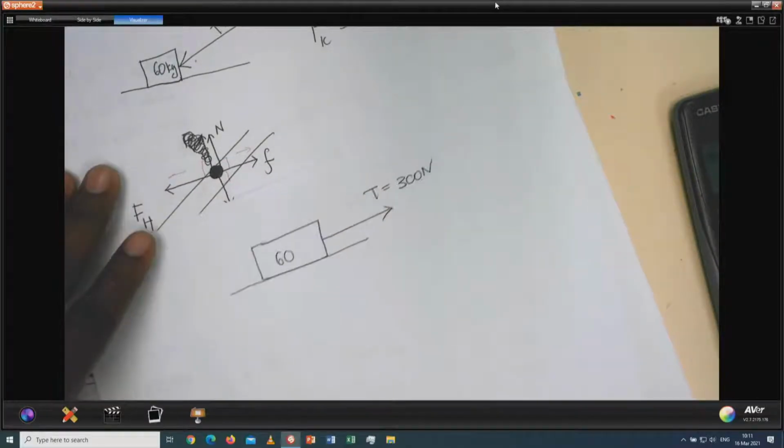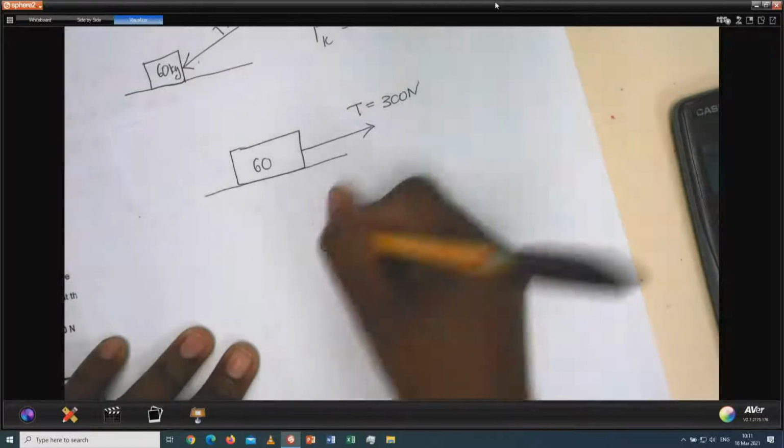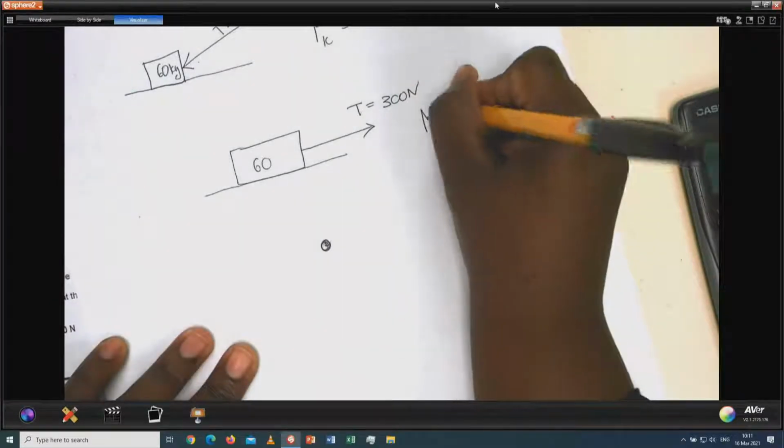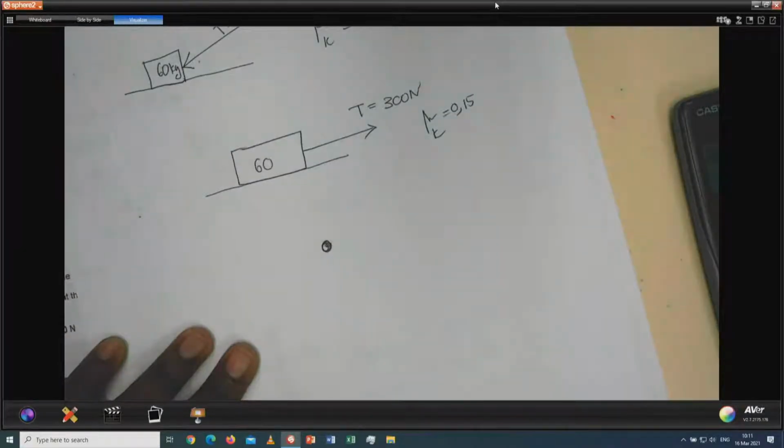It makes an angle of 0 degrees with the horizontal. And again, you are given the coefficient of kinetic friction.